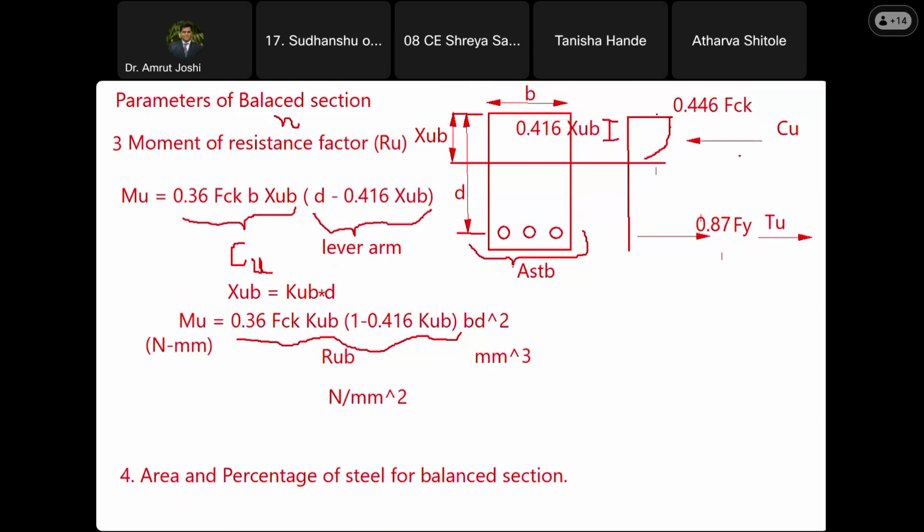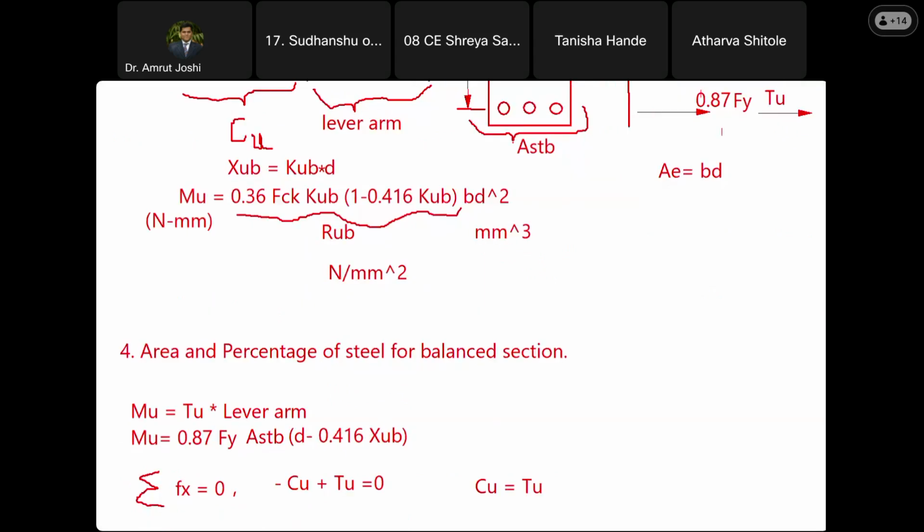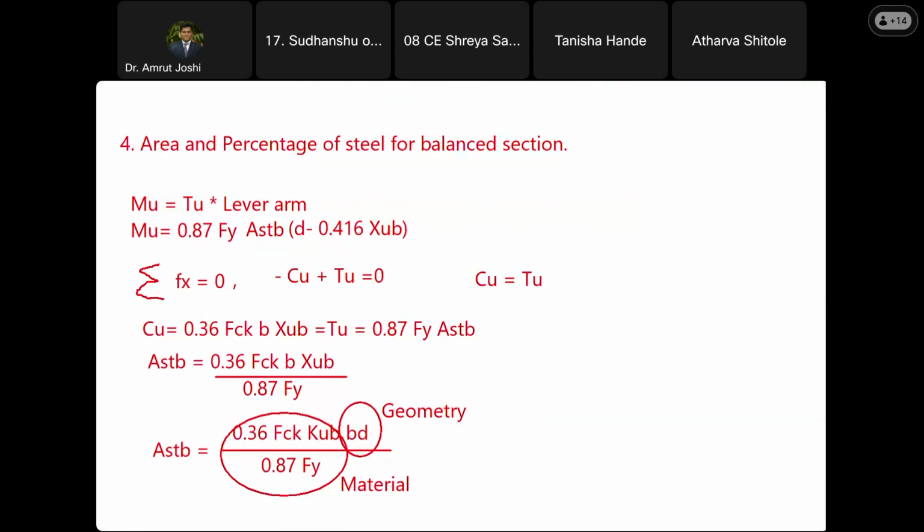BD is nothing but AE, effective cross-sectional area, defined as B times effective depth. So this is the effective cross-sectional area and this is the material parameter. Now, what is the fun in having ASTB, which is a function of the cross-section area? Instead of that, if I convert that into the percentage of steel, that BD will go away. The geometry will go away, isn't it?